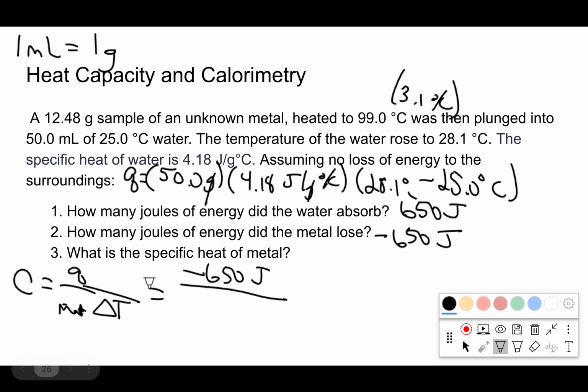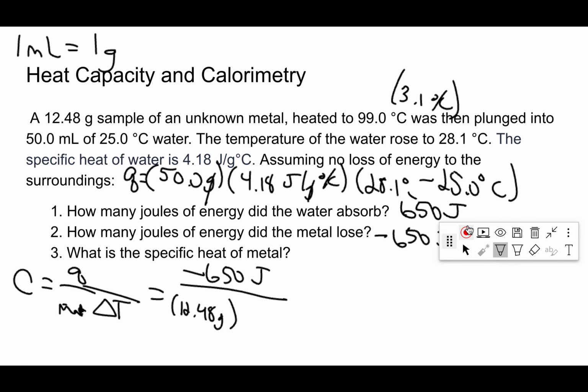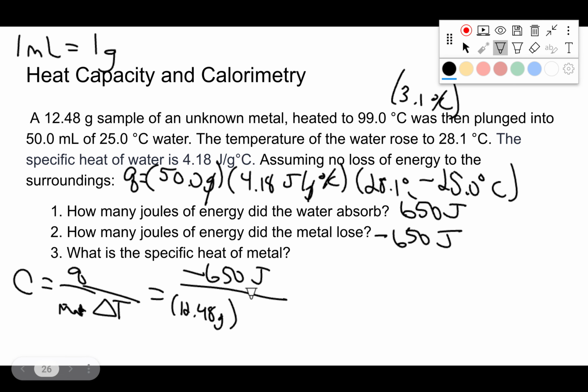My mass, now for my metal, I'm going to come back up here, is 12.48 grams. And my change in temperature for the metal: my final temperature is 28.1, because when they hit thermal equilibrium, they will hit the same temperature at the end.